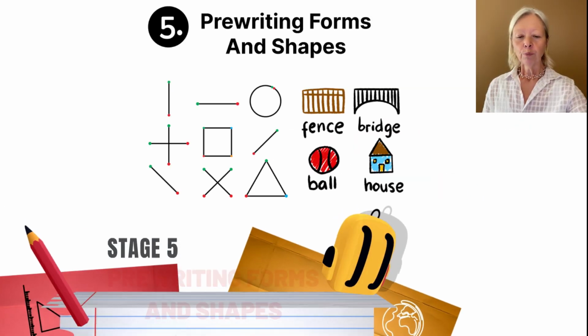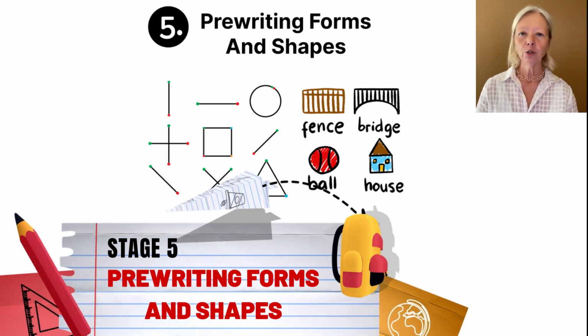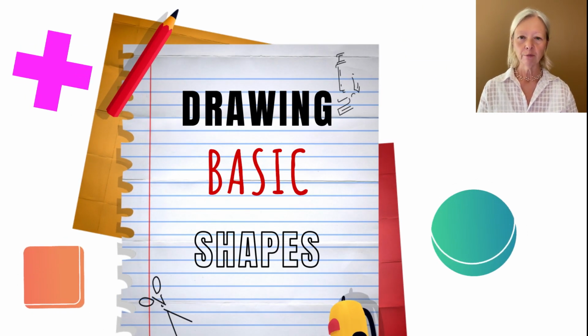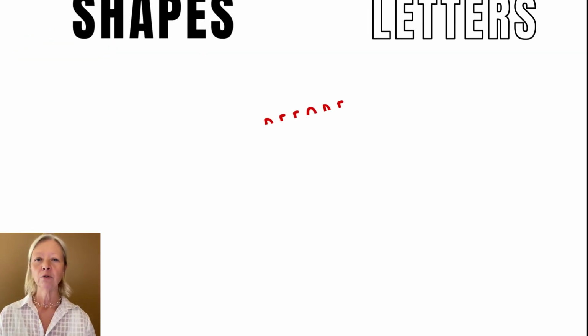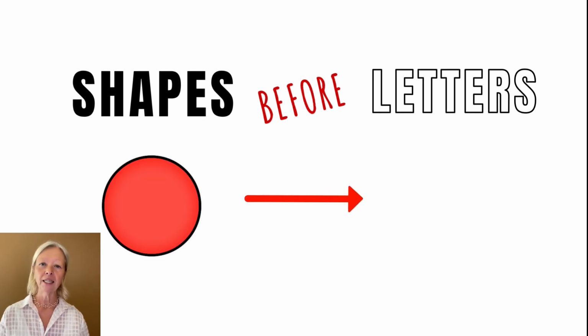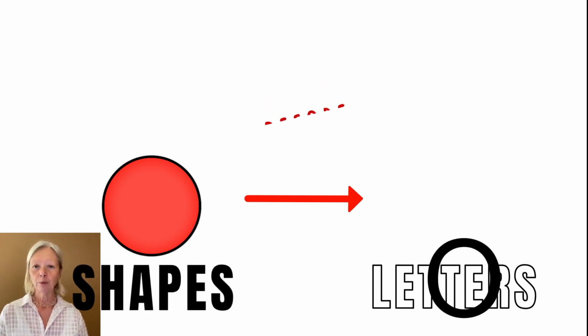Then we move on to pre-writing forms and shapes. And with pre-writing forms and shapes, children need to have an understanding of drawing basic shapes on a piece of paper before they really are going to be successful with drawing a complex range of 26 lowercase letters and then 26 uppercase letters, and then all the different other characters that they need to be able to write, all the different punctuation characters, and then not only drawing those letters as letters, but then putting them together and having them actually have meaning.